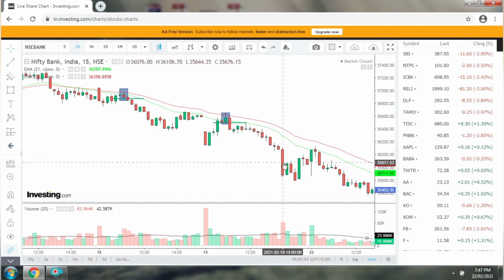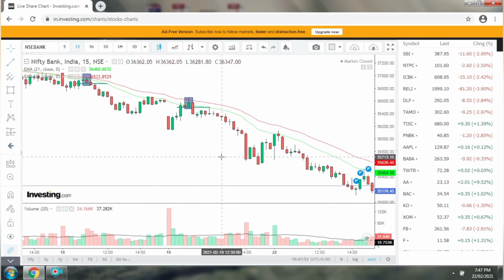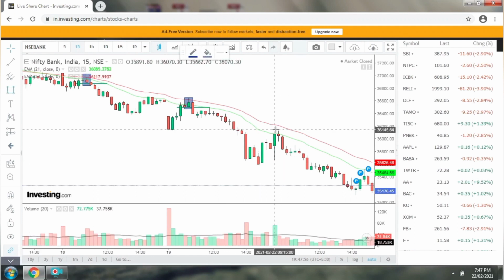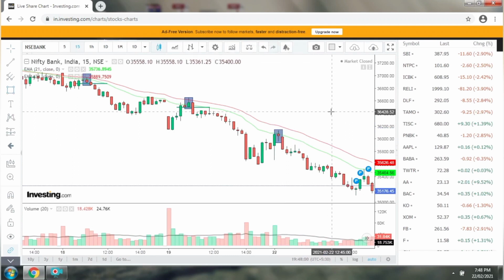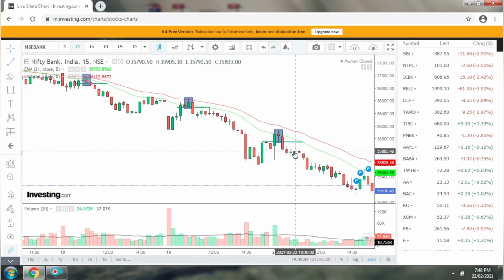Now coming to today's move, as you can see, whenever the low of the candle breaches, we are getting a very good downfall, at least in the last 2 days. Now this is today's candle. The market opened in the resistance zone, which is the band of the 21 and 34 period exponential moving average, and I have taken a short entry here.